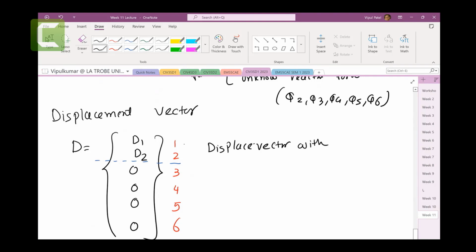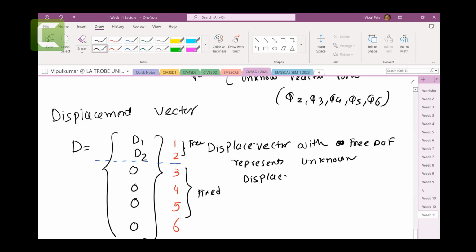So I can also write here that for the displacement vector, this is your free and this is your fixed. The free degree of freedom represents unknown displacement, right?